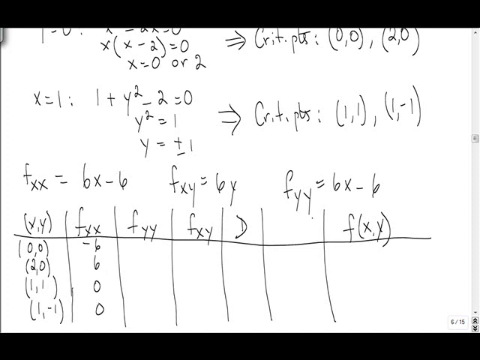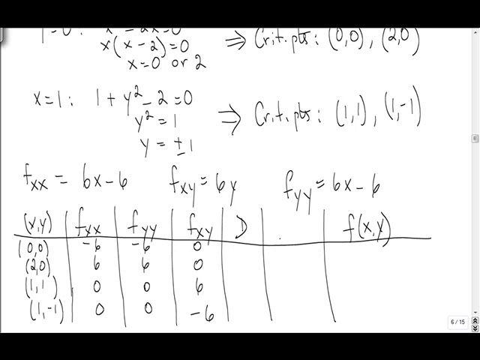And if you notice, fyy is the same thing, so put the same values down. Now fxy is 6y. Tell me what these values are now. First one, 0, 0, 6, negative 6.